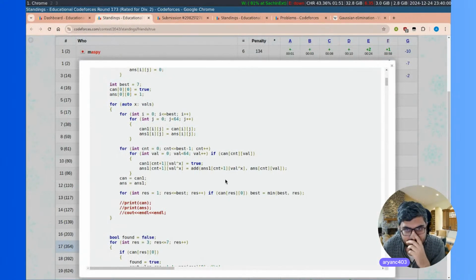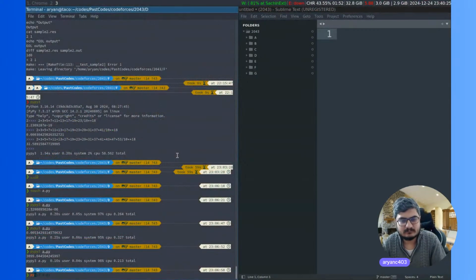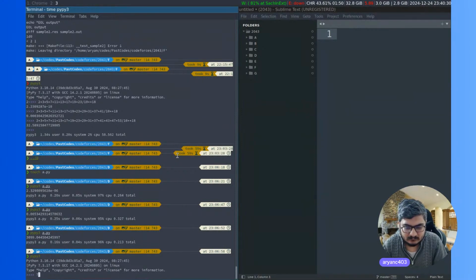Where is Anton? This is up to 50 values. This is up to 7 and 64. 7 into 50 into 64, divided by 10 to the power 8.